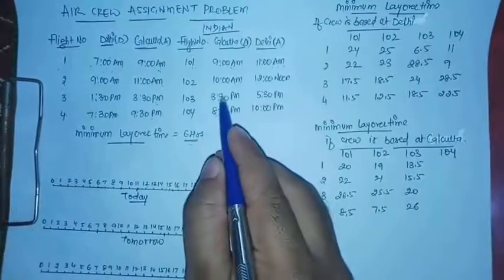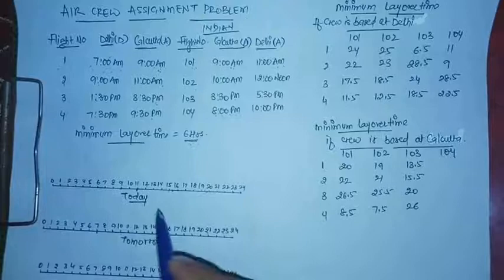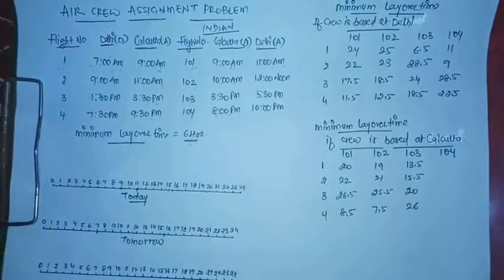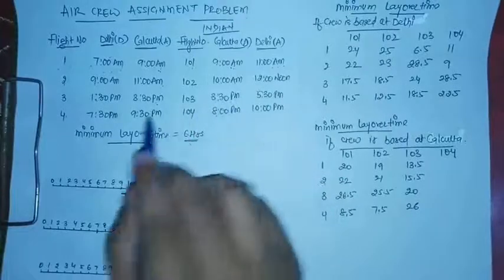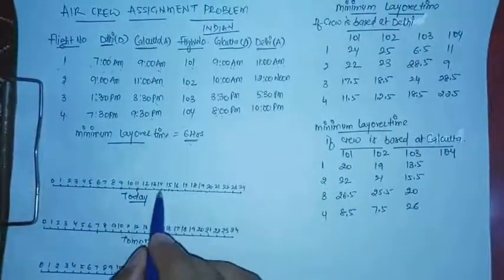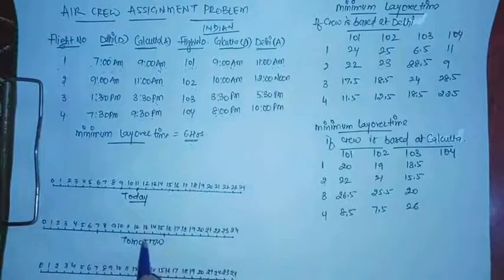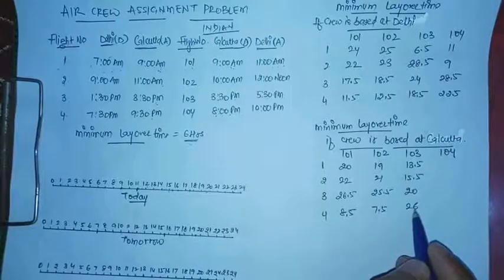Wait a minute to do the calculations. Sorry, I started calculating from here. 5:30 to 5:30 is 24 hours, plus 7:30, so 2 hours have been added. So 24 plus 2 is 26.